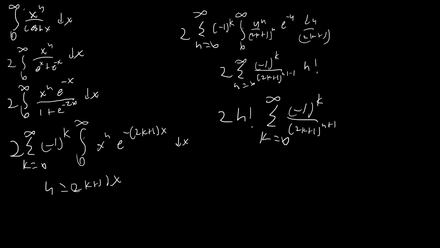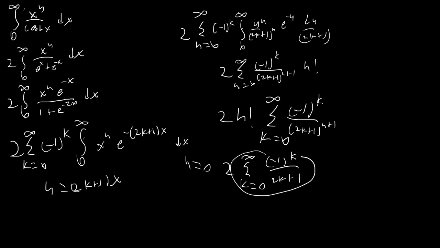So for example, if we plug in n equals 0, we'll end up with 2 times the sum from k equals 0 to infinity of -1 to the k over 2k plus 1, and this is well known to be pi over 4, so we get 2 times pi over 4, or pi over 2.